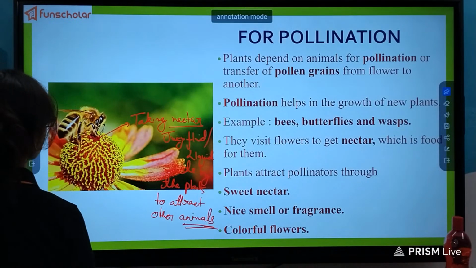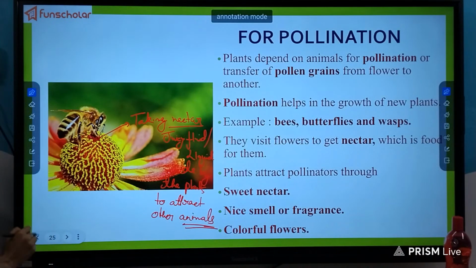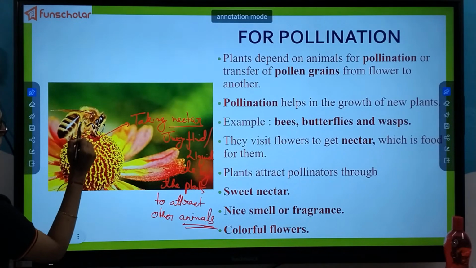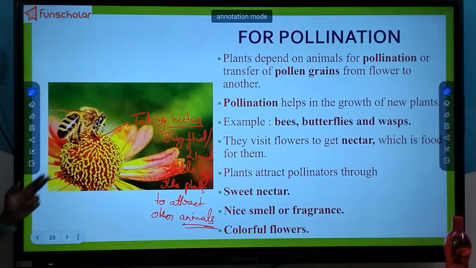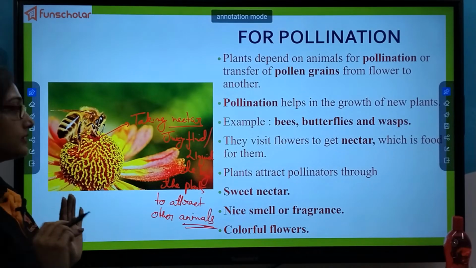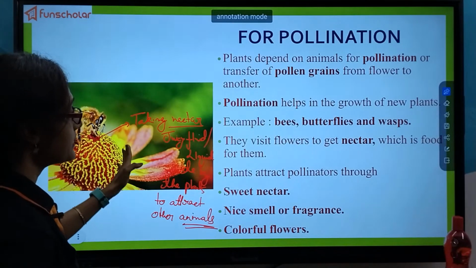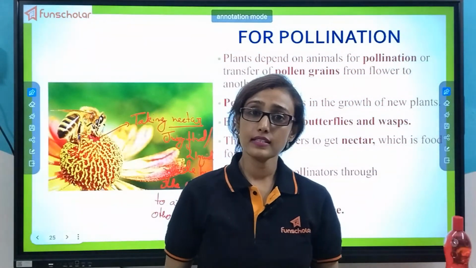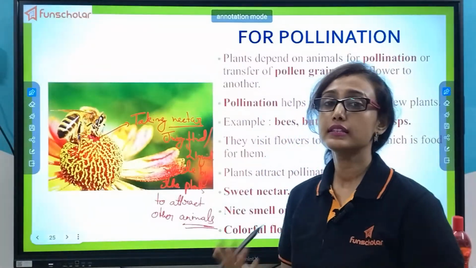Okay, what happens when they come to take the nectar? These yellow colored pollen grains stick to the legs of the honeybee or any other insect. Okay, when they go to another flower, the pollen grains are deposited over there.